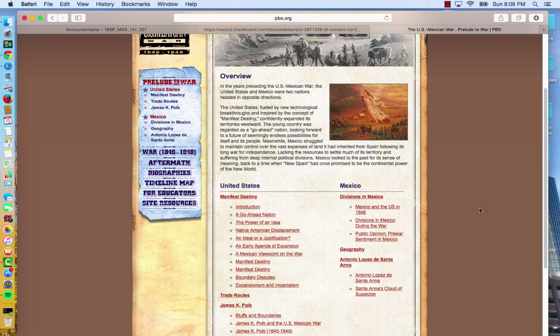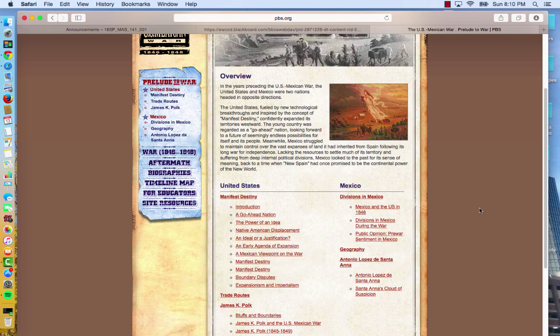All right. So in Prelude to War, what this means is this: these are factors leading up to the war. What was happening in the U.S. and Mexico leading up to the war, in terms of manifest destiny, in terms of trade, in terms of the tactics, the policies of James Polk, or what's happening in Mexico leading up to the war.